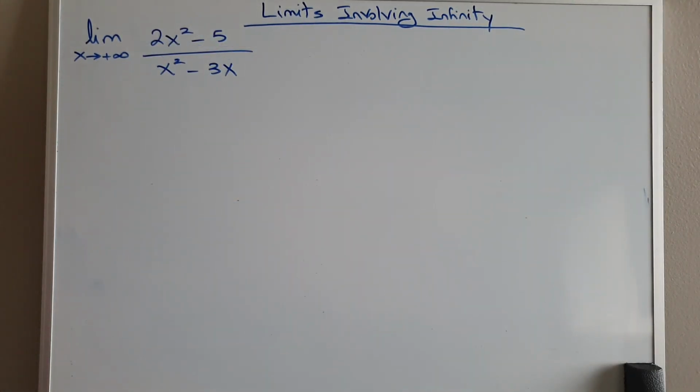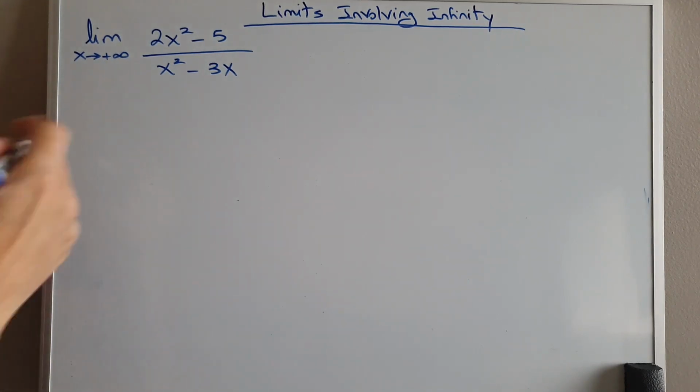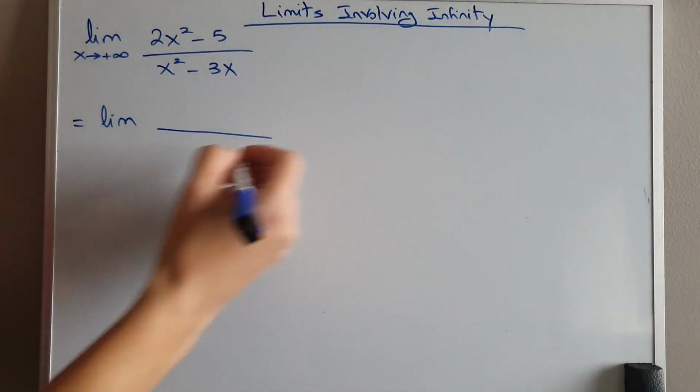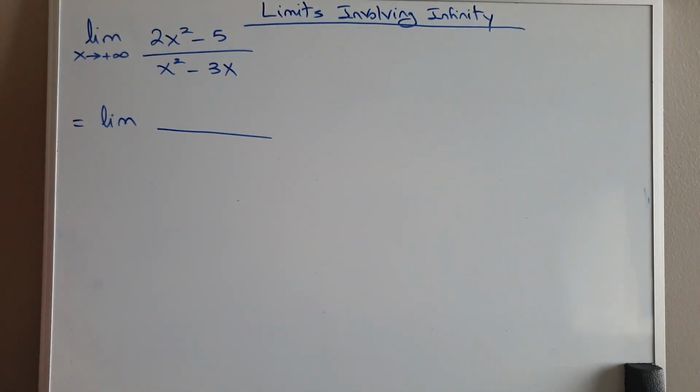If we look at our next example and try substituting, you'll just end up with infinity over infinity, which is not even a number. So we have to think of a different approach. The way we will approach these problems is by taking out the highest power of x. What do I mean? So the highest power of x in the numerator is x squared.